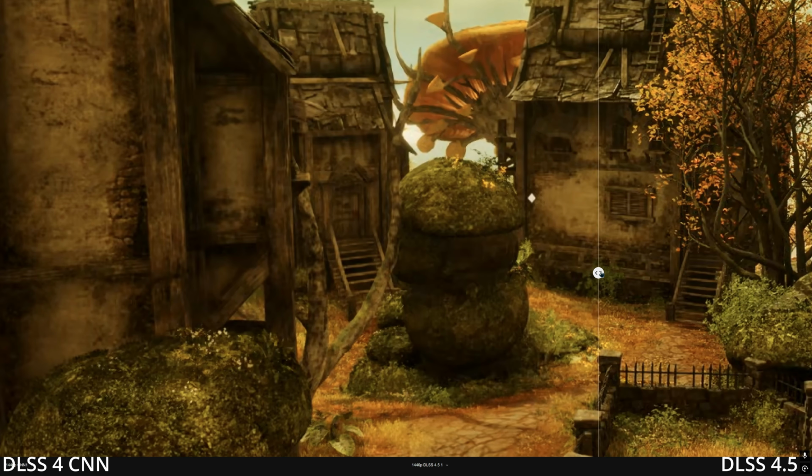Interestingly, as the image becomes sharper, so does it become aliased too. Consequently, we see more aliasing with the transformer model than with the CNN. Furthermore, the flickering with the foliage sort of worsens here with the transformer model.